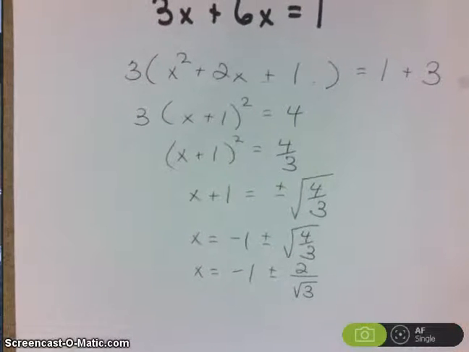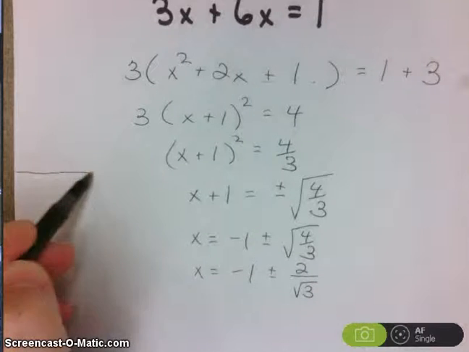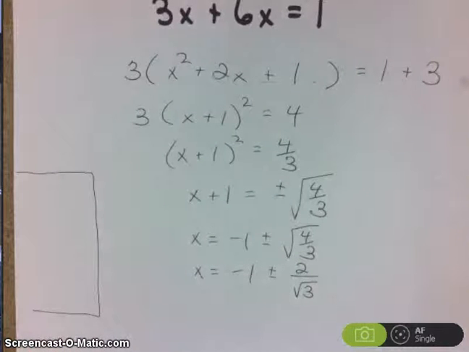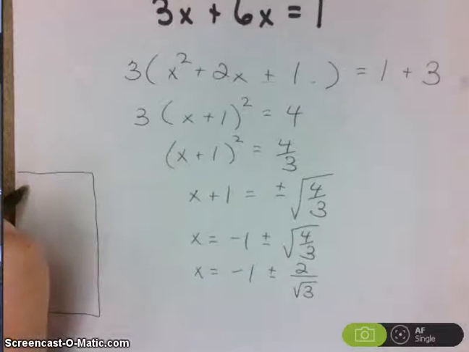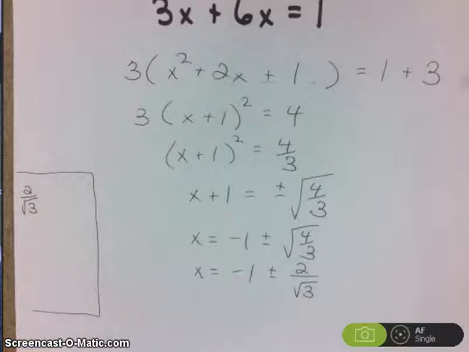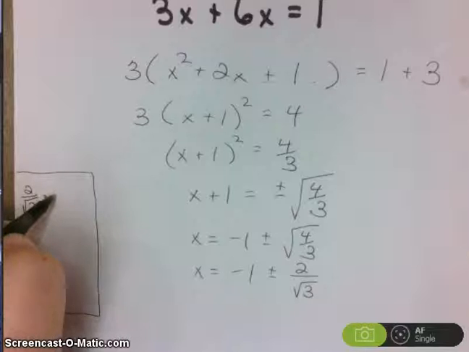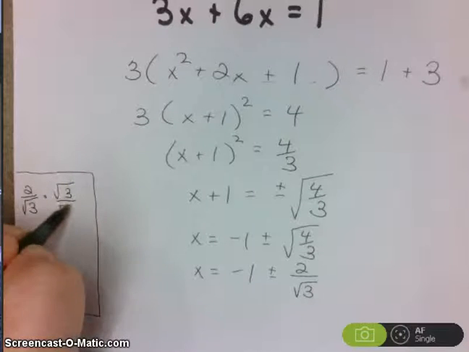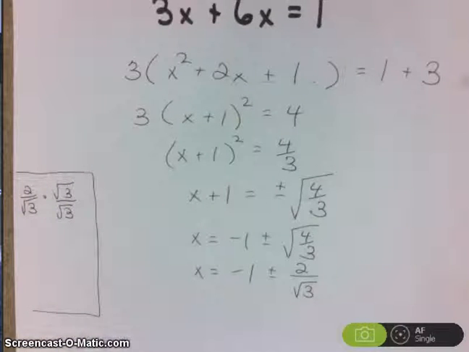So I'm going to move this over just a little bit, and right here we're going to remind ourselves how to rationalize a denominator. So I have 2 over root 3. To rationalize the denominator, I'm going to multiply by root 3 over root 3, which is just 1. We're allowed to multiply anything we'd like by 1.